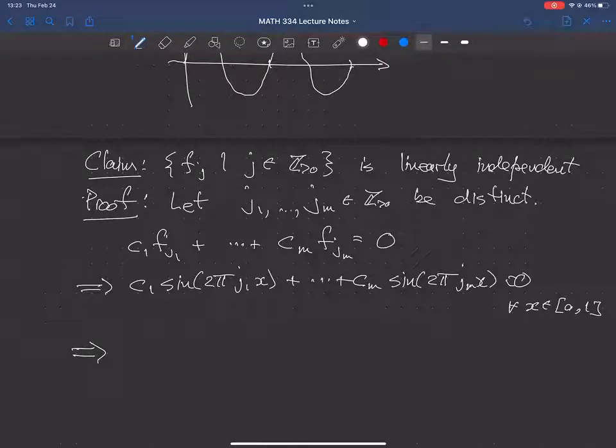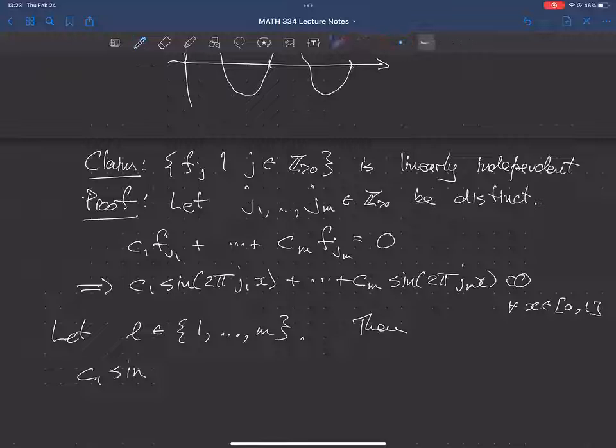And so I'm going to choose as my function, the same thing as I did above. I'm going to let L be one of these indices from 1 to m. Then I'm going to multiply the 0 function, in these two flavors, that flavor and then that flavor, by the function sine 2 pi jL x, L on both sides.